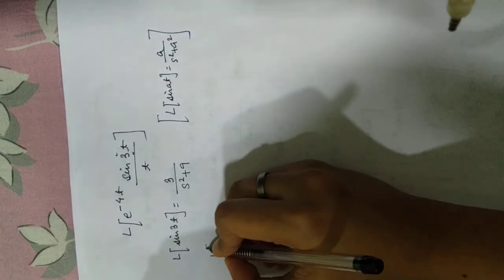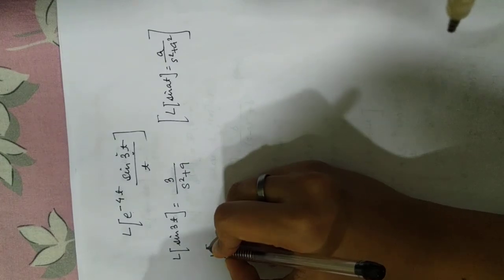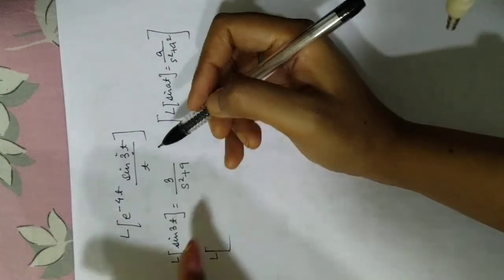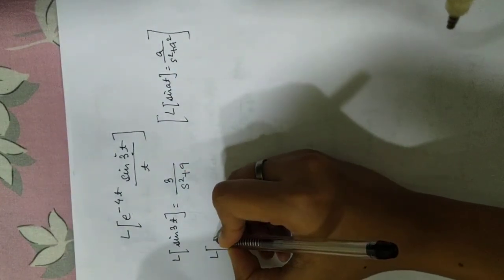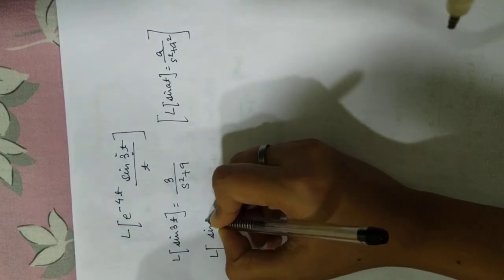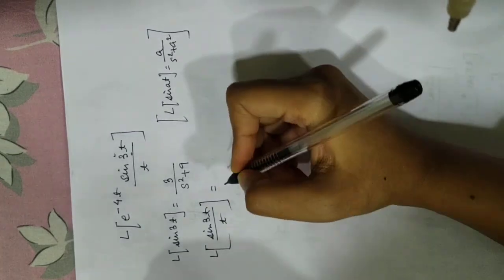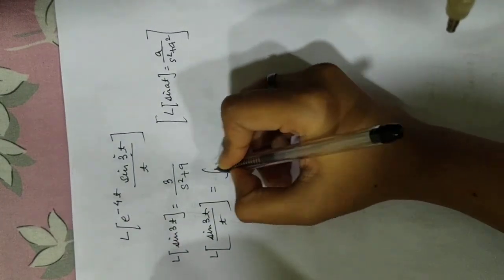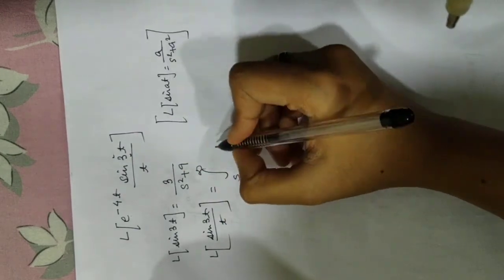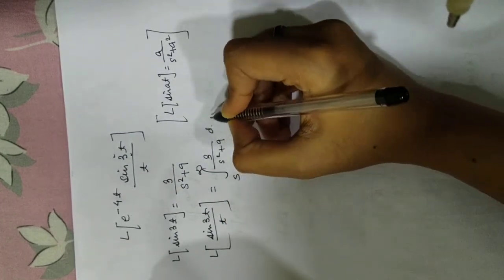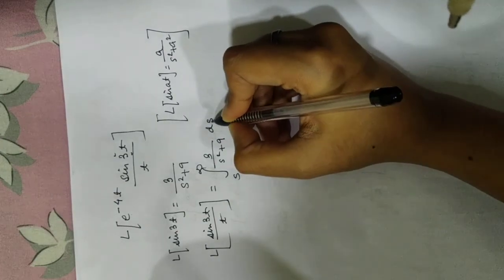So Laplace transform of sine 3t by t is equal to integral from s to infinity of 3 divided by s square plus 9 ds, right?